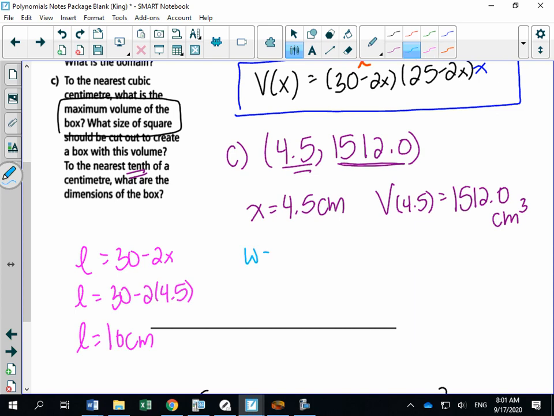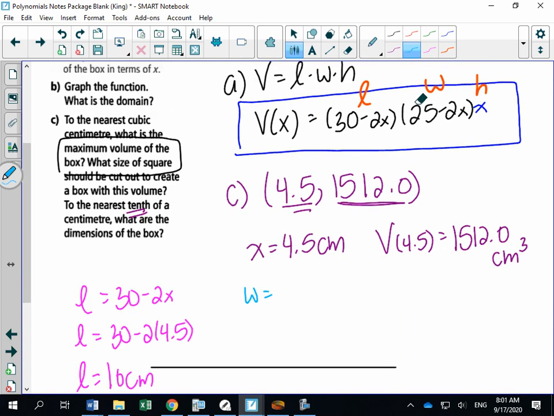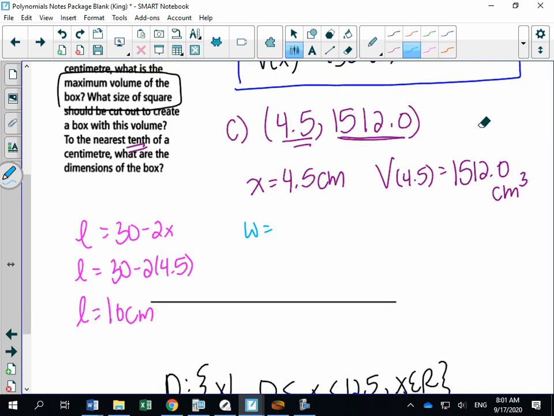The width of this is going to be 25 minus 2x. So again, when I see x, I need to substitute in 4.5. So width is going to be 25 minus 2 times 4.5. And if you calculate that on your calculator, 25 minus 2 times 4.5, let's double check that.